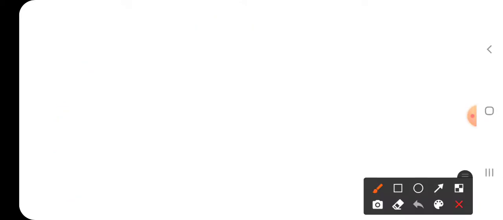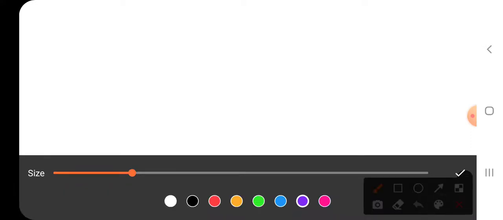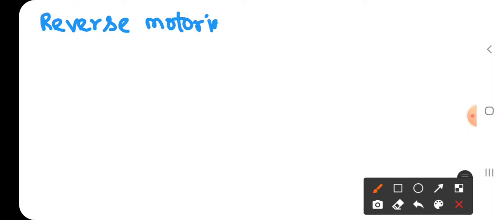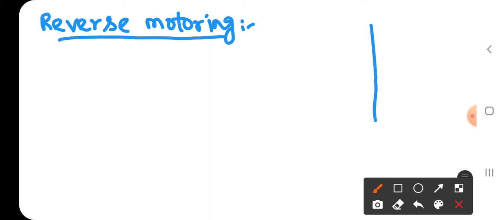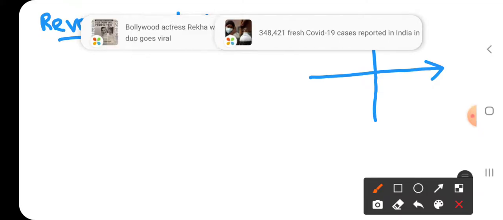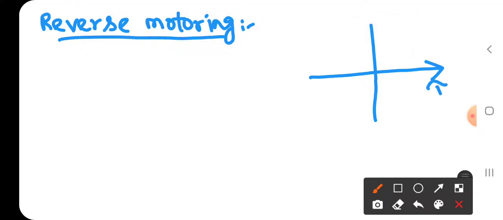Yes. Next, let us go to the third quadrant. Third quadrant operation is also called reverse motoring. Here we have the characteristics, torque minus, omega minus.